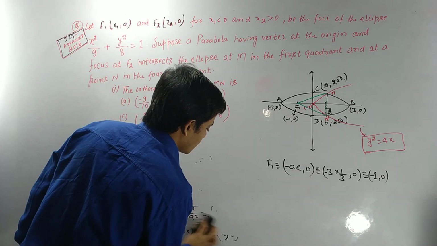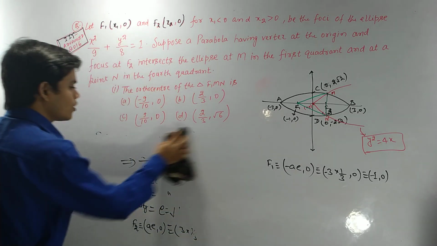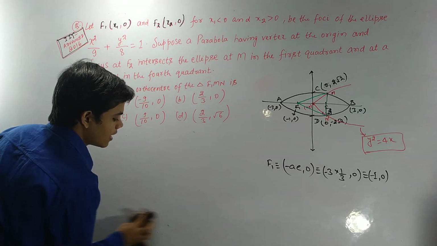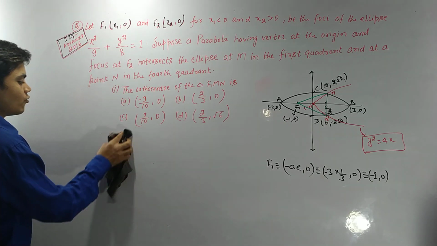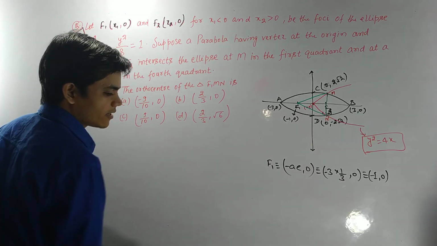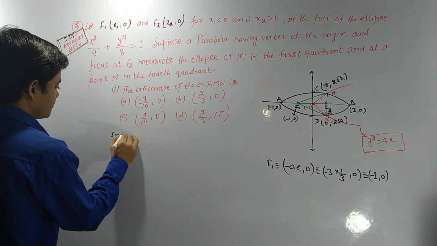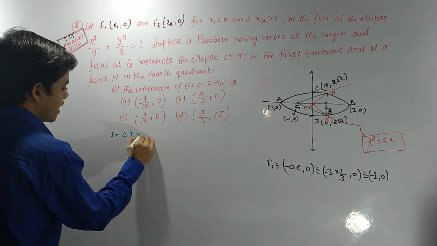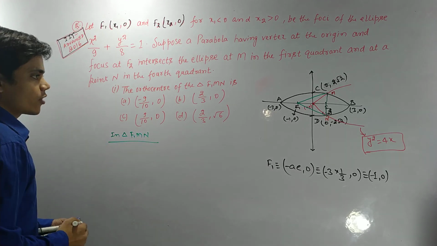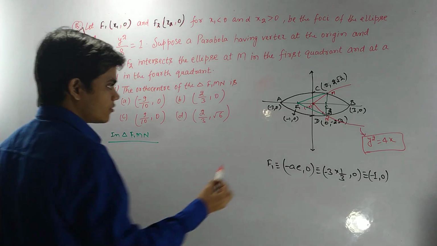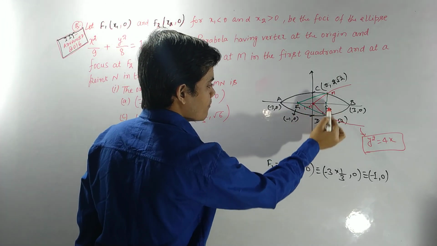Now we have to do all the things in the triangle F1MN, which can be seen in green. Okay, we are interested in this triangle here, F1MN.